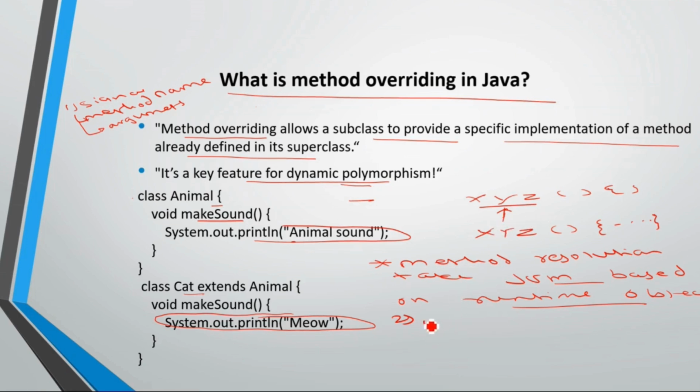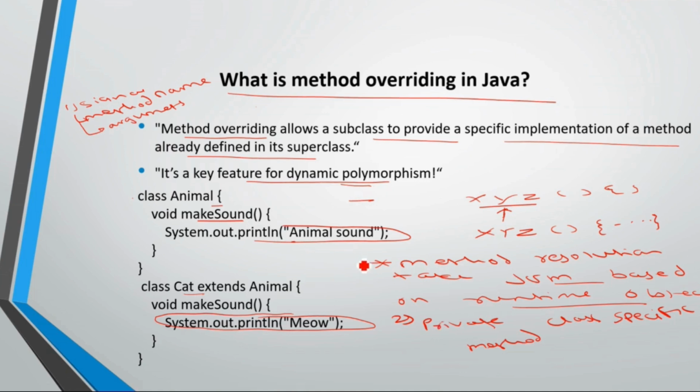If you are aware, a private method is only a class specific method, so we cannot override a private method. Also, we cannot override a final method as well, right? Because we cannot redefine the final. That's why it is final only, correct? As the name suggests.